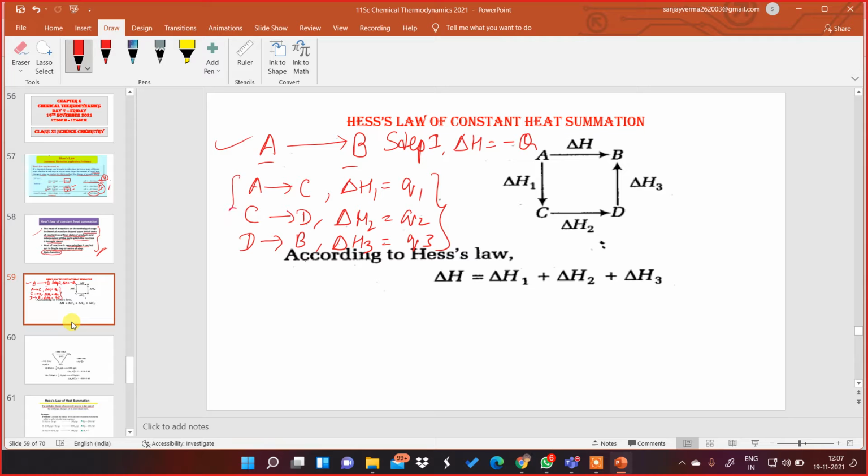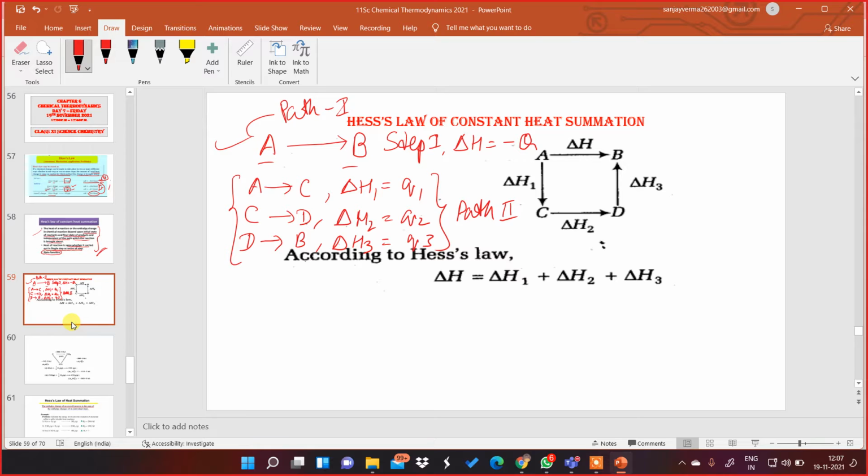So this is path 1, and this one is path 2. In path 2, there are 3 steps. In path 1, there is only one step, a single step.